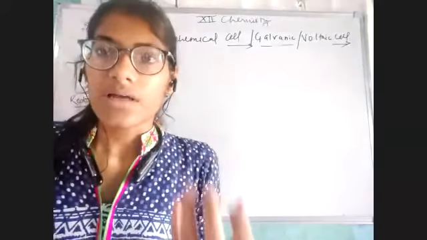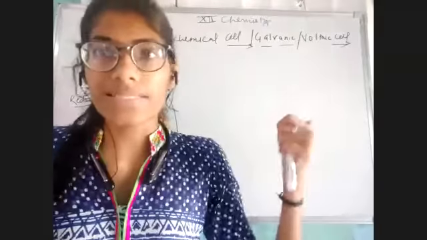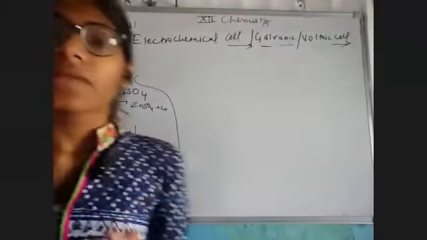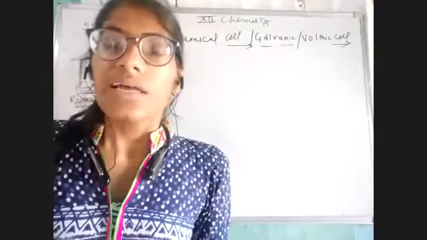So in short, we can say that redox reactions, on reacting with each other, produce heat. We just use this particular concept for our benefit to make a cell known as an electrochemical cell. Hence, an electrochemical cell is a device which is used to convert chemical energy of a redox reaction into electrical energy.